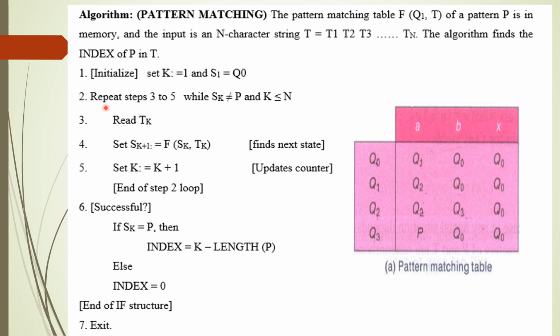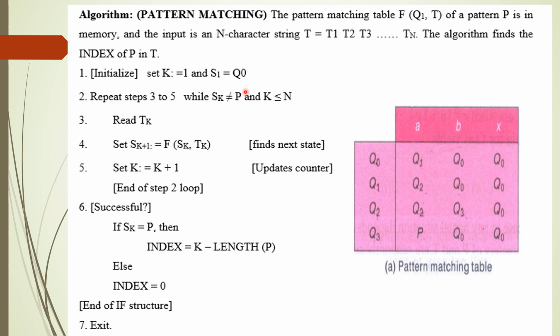Now repeat steps 3 to 5 while sk, that is the state, is not equal to p. If you end up with the state p, it means that you have obtained a pattern in the text. In this case s is not p because s1 is q0 here.